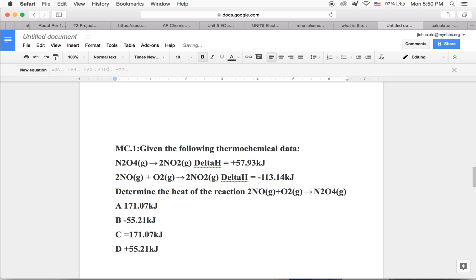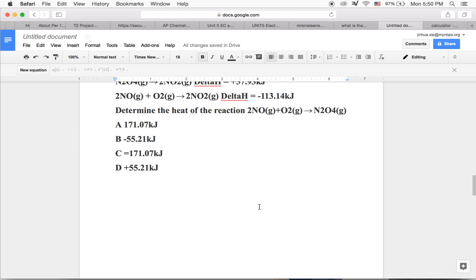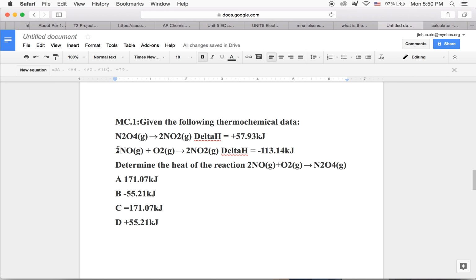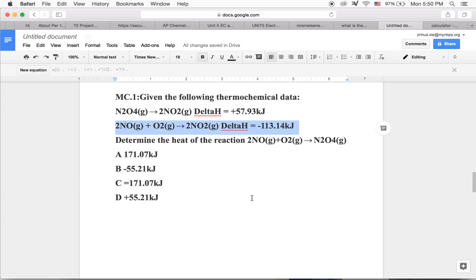And for the multiple choice part, the first one is given the following thermochemical data, and we need to determine the heat of the reaction 2NO plus O2. So first we switch the side of this reaction.